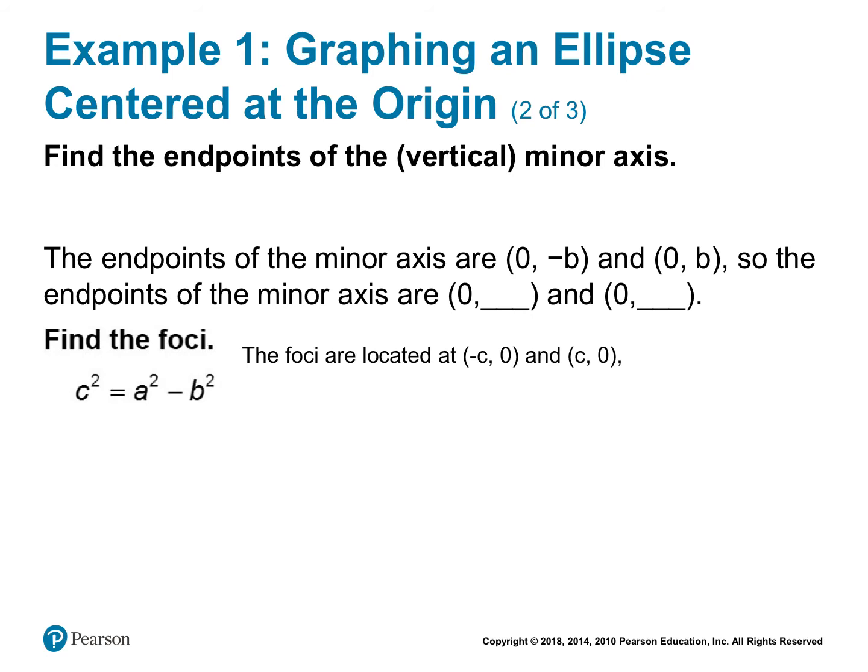The endpoints of the minor axis are 0, negative b, and 0, b. If we look back at our formula, this is our b squared term, so b would just be 2. So we'd have 0, negative 2, and 0, 2.